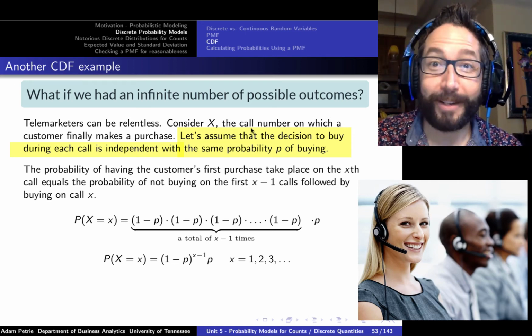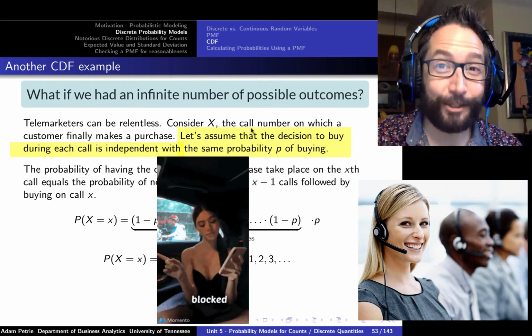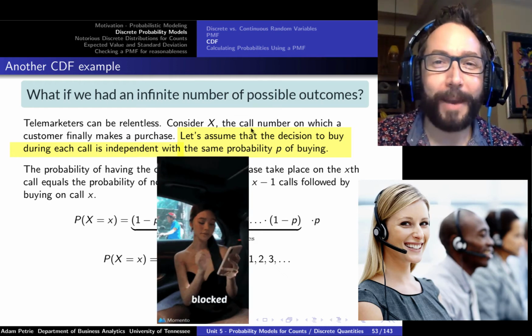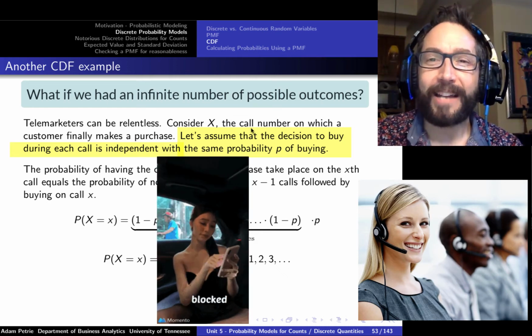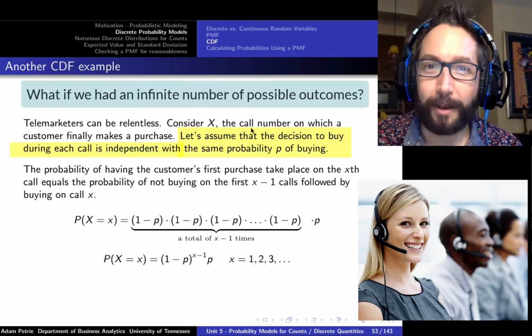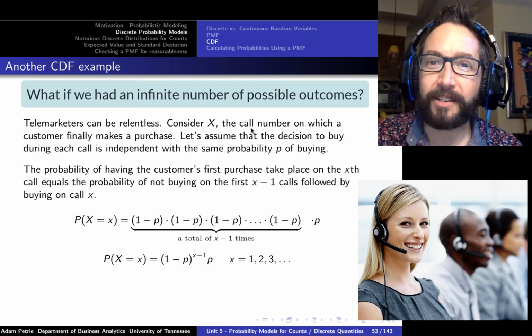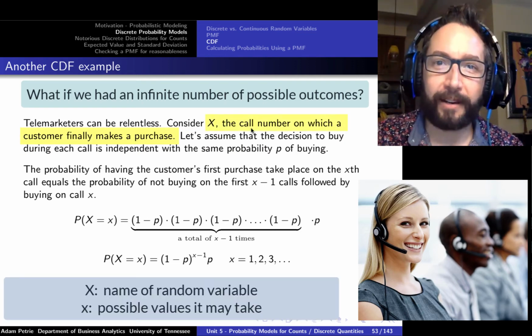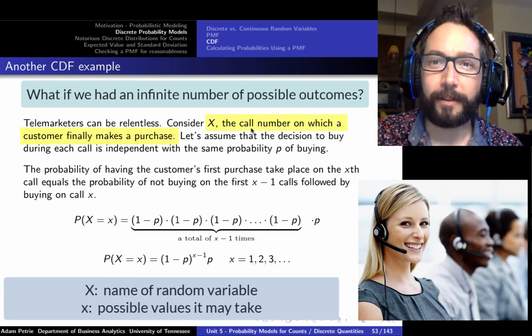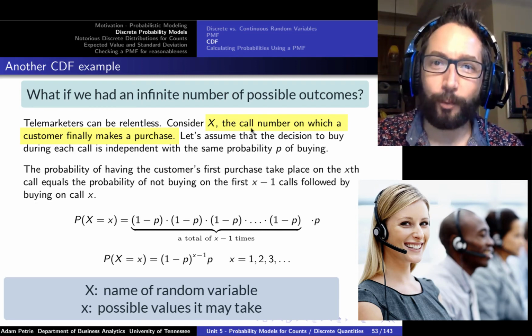In the real world, we get very sick of it quickly and stop answering that call. But for this example, we'll imagine the customer picks up each time and has a probability P of actually purchasing that product. So we might be interested in studying the random variable capital X, which is going to be our name for the random variable, the call number on which that first purchase occurs.